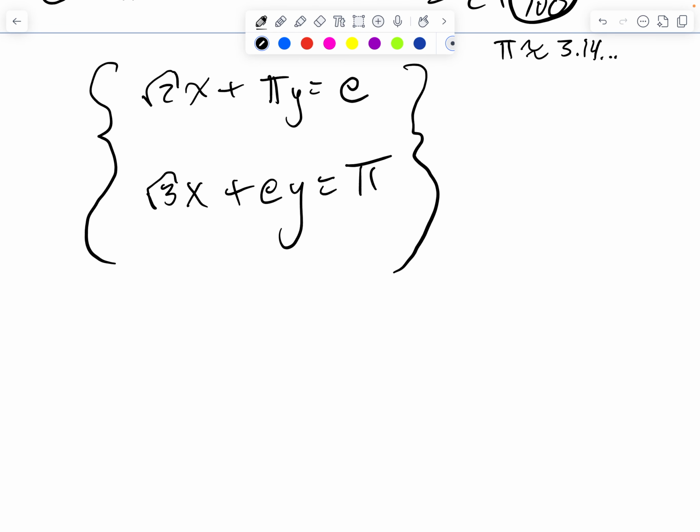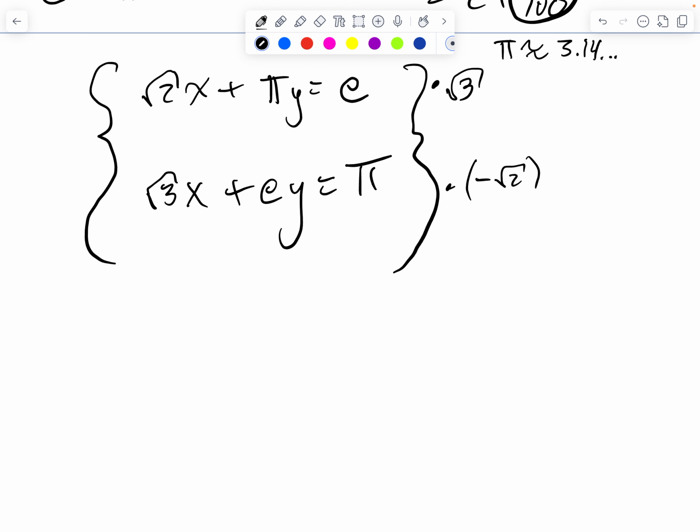So I'm going to use non-standard notation so that I can add them together to make a variable go away. I'm going to multiply everything up here by the square root of 3. And I'm going to multiply everything down here by the negative square root of 2.